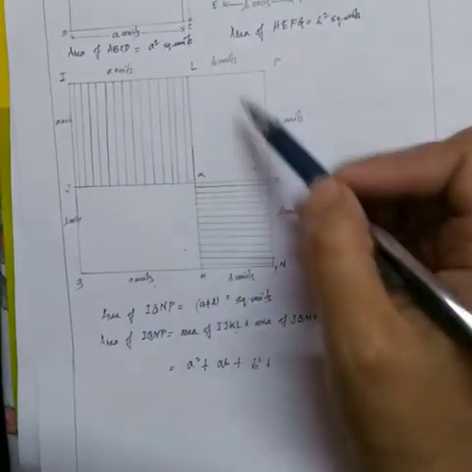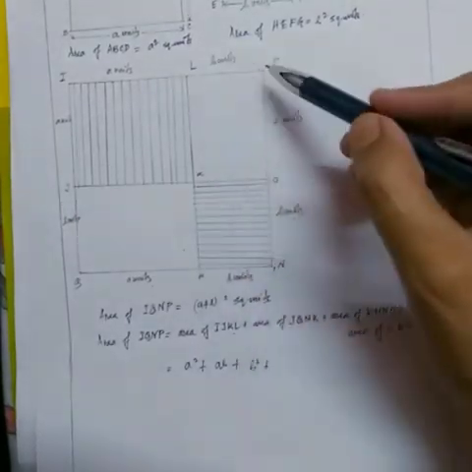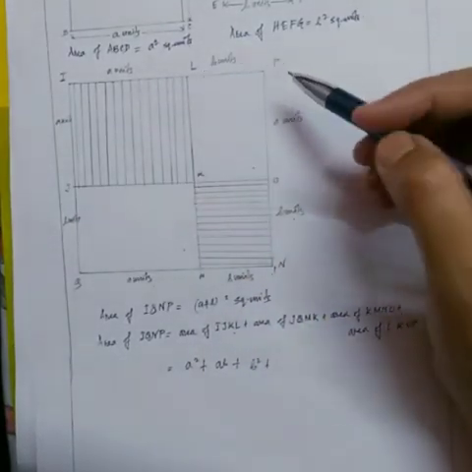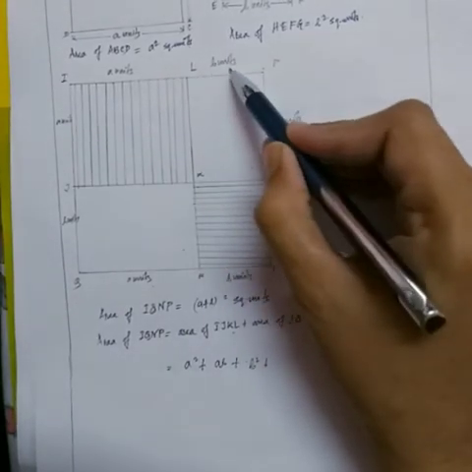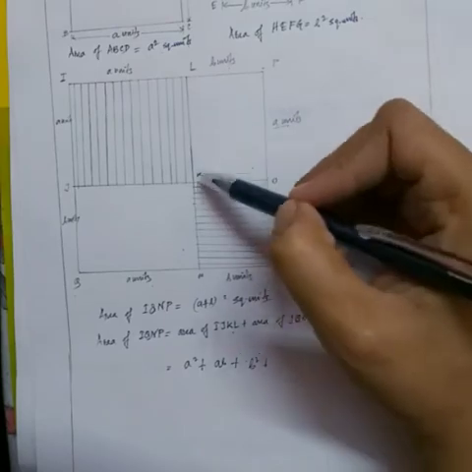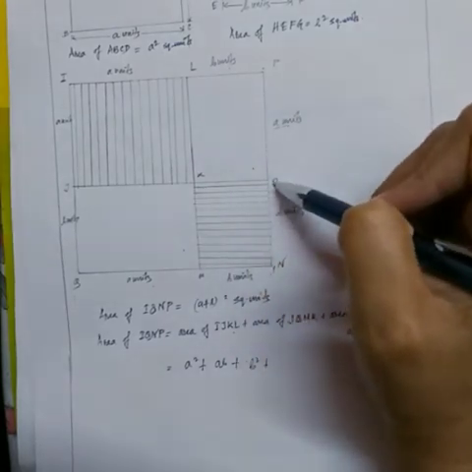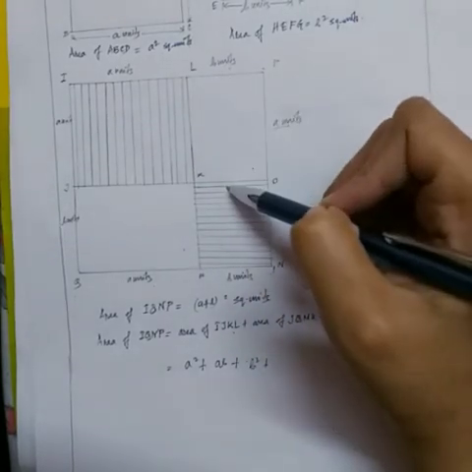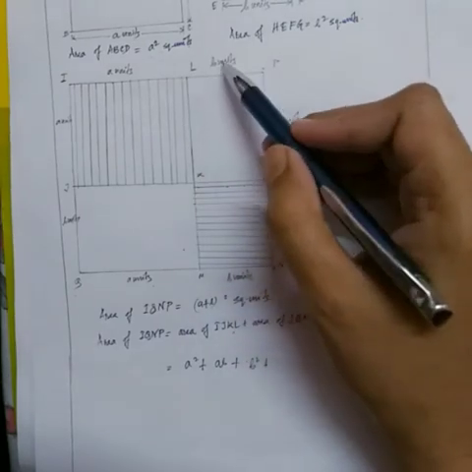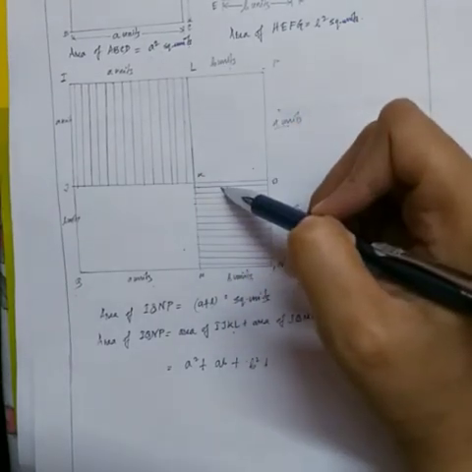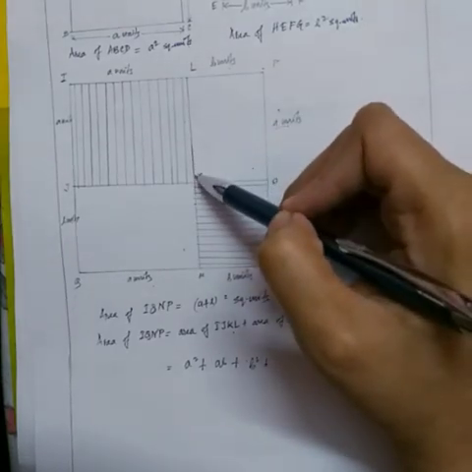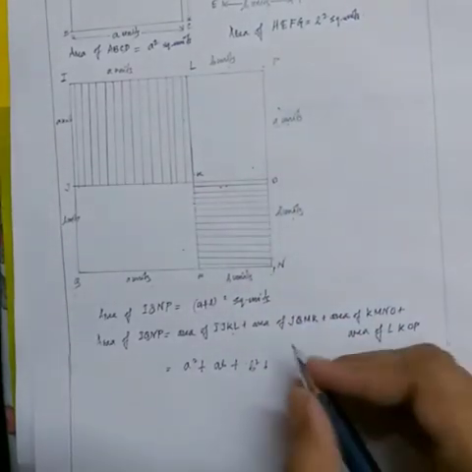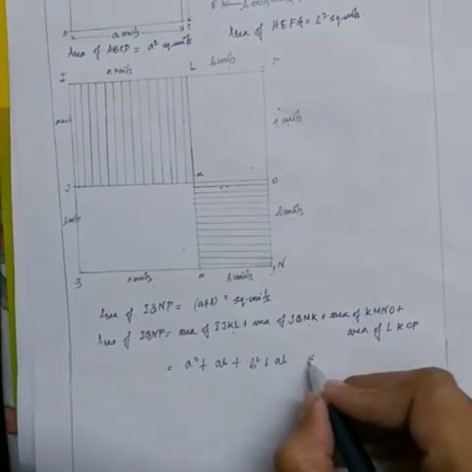Now the fourth and the remaining part, you can see this is also a rectangle, because this side measures a units and this side measures b units. Naturally this side will measure b units as well, because the opposite sides are parallel and equal in length, and this side also measures a units. So therefore the area will be a into b.